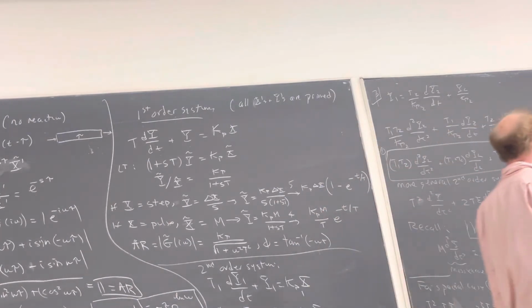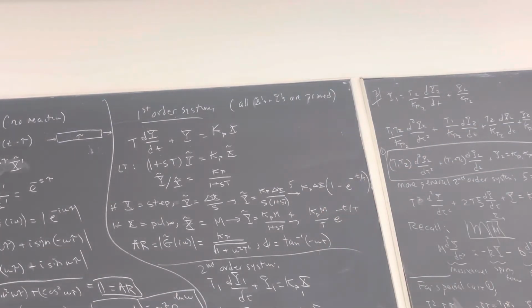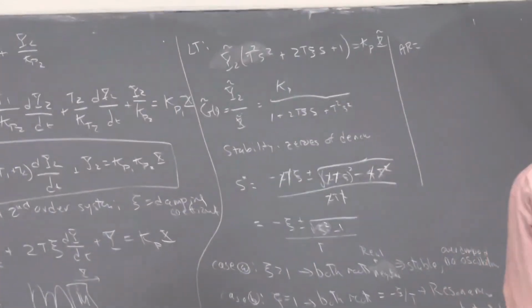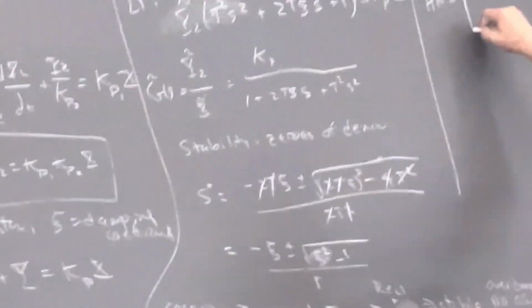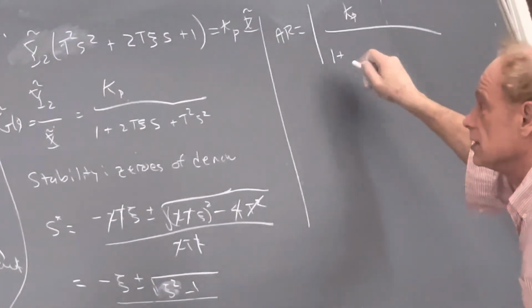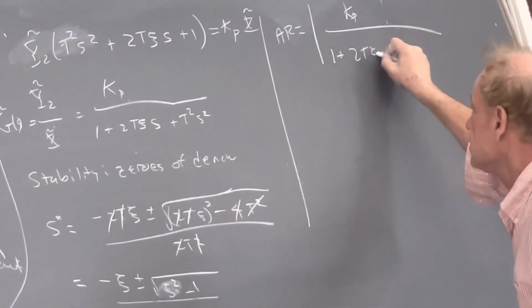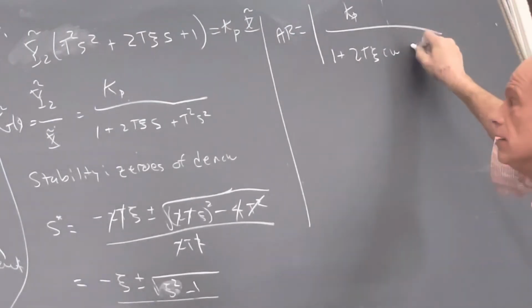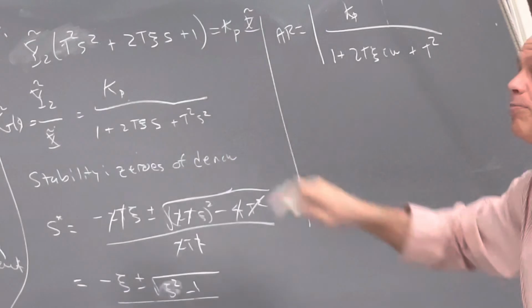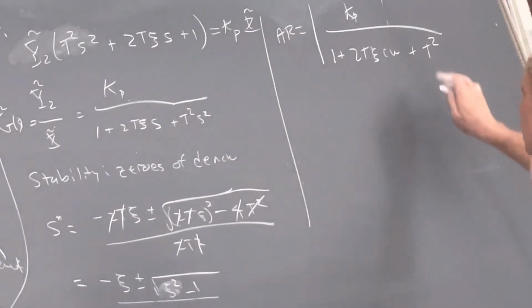On the other hand, here, in a second order system, the amplitude ratio, which is the magnitude of kb over 1 plus 2tc I omega plus t squared times I omega squared. I squared is minus 1.